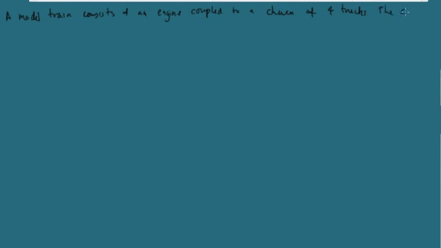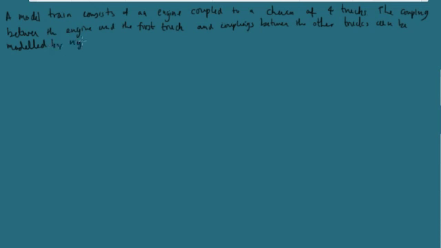The coupling between the engine and the first truck and the couplings between the other trucks can be modelled by rigid rods.